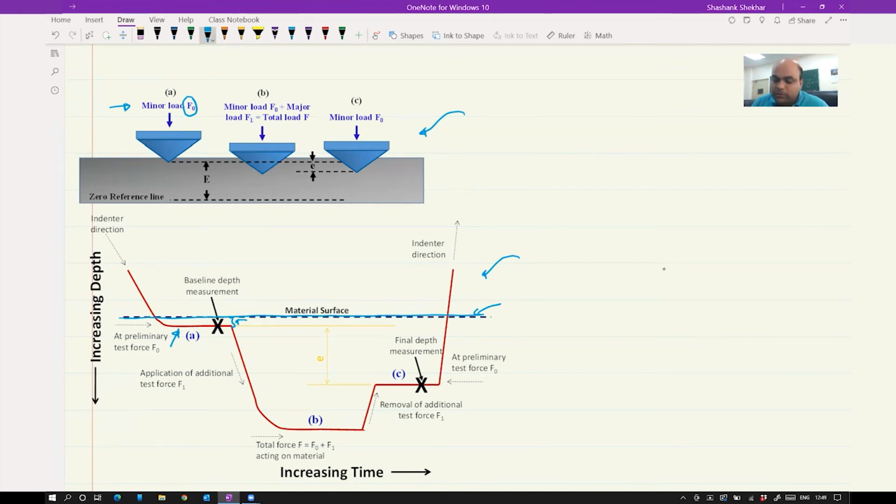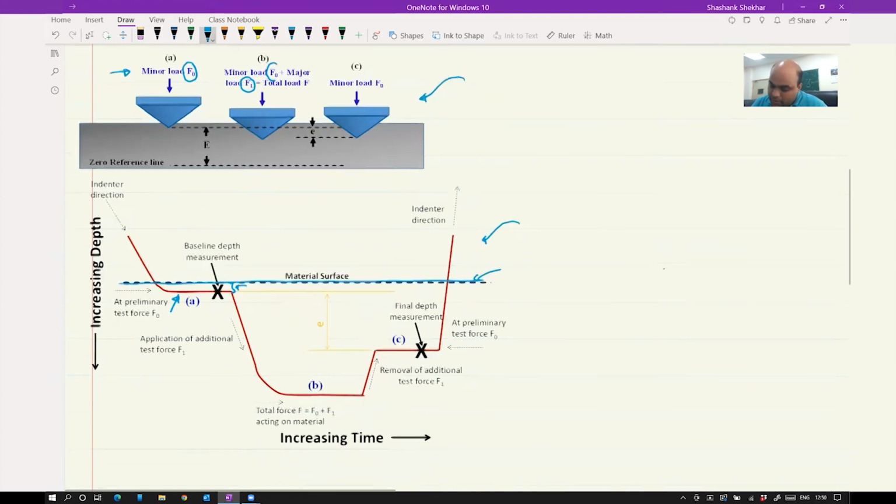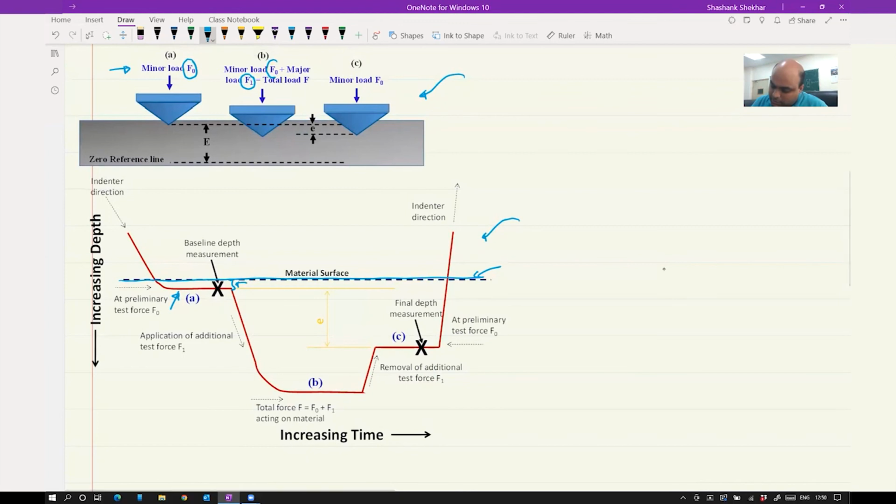Now you apply the major load onto the minor load. So you have a minor load of F0, then a major load of F1, and a total load of F, which is equal to F0 plus F1.